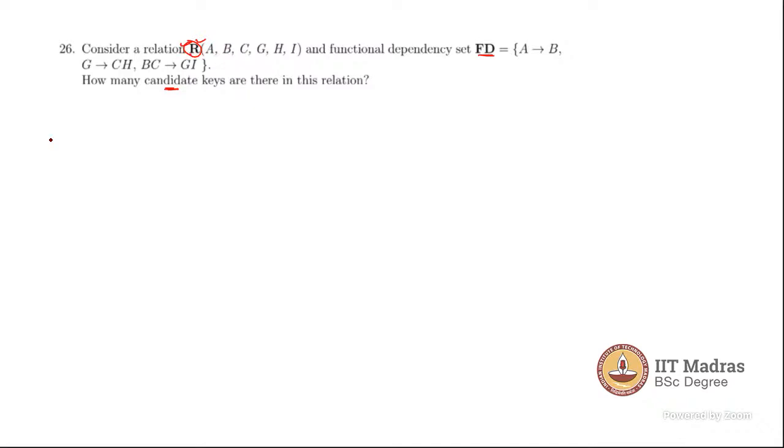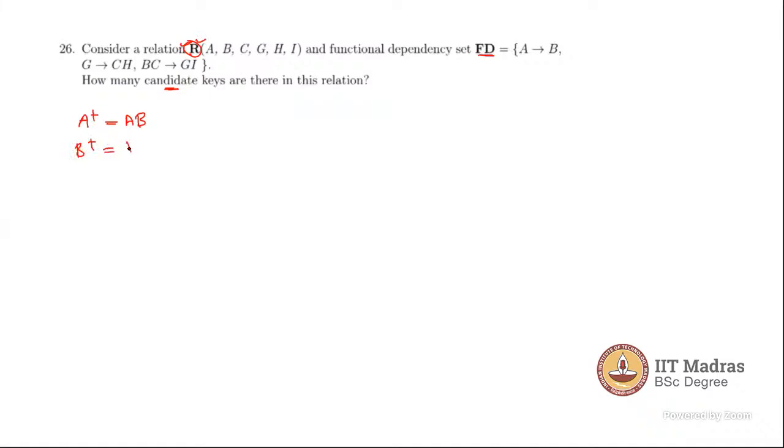Suppose we take the closure of A, that is A plus. From A we can determine B. Further we cannot determine anything, because there is no functional dependency on B here. So the closure of A plus is AB only, and A is not a candidate key. Now let us check B plus.